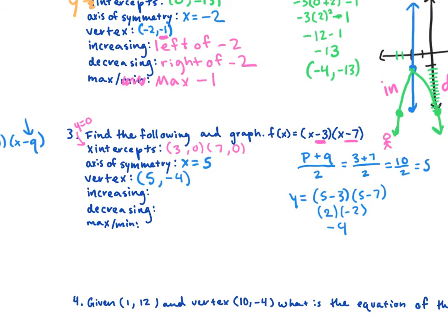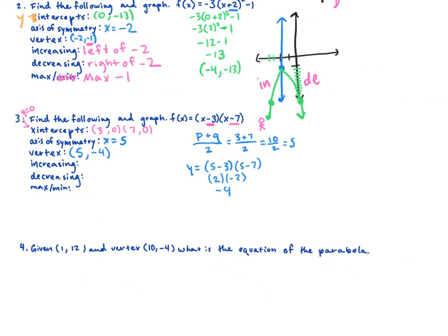So let's go ahead and graph our x-intercepts, our axis of symmetry, and our vertex. So our x-intercepts are going to be 3, 0. So we go to the right 3, stay on 0. And then we go to the right 7, stay on 0. And then our vertex is 5, -4. So we go to the right 5, go down 4.